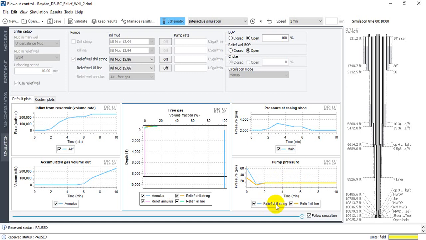But the relief drill string started from 60 psi and decreased to 10 or 12 psi after half or 1 minute, and it is constant also.